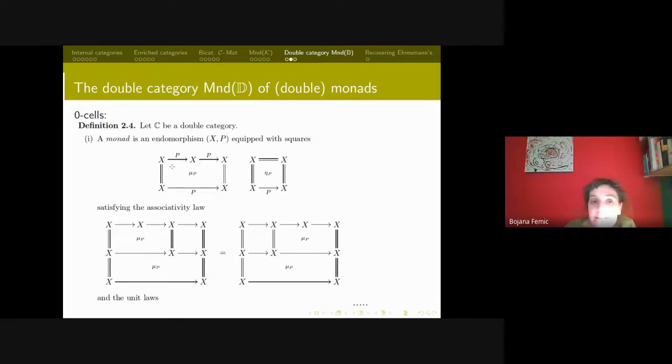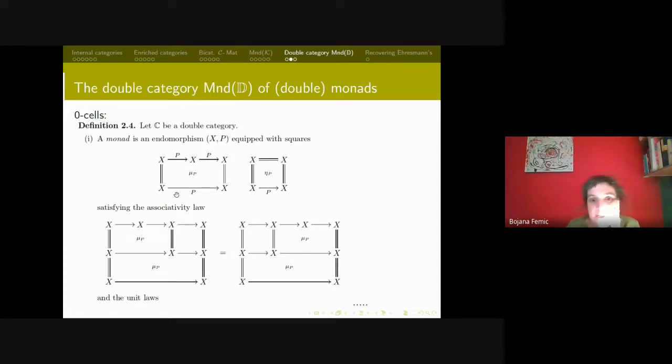What I denoted by T, that stood for monad, one cell, here is denoted by P, and they are horizontal one cells. So here we have P, P in the domain and in the codomain P. As vertical one cells, they put just identities. So we are really living in a bicategory and not in a double category.